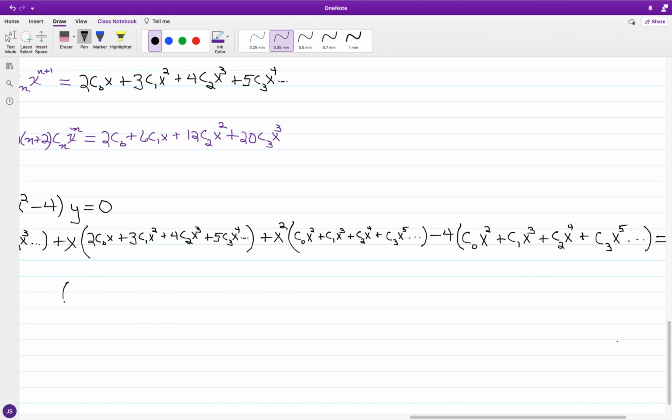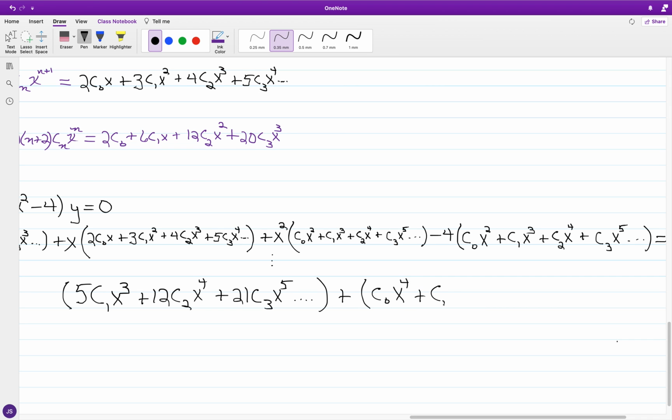First of all, if you combine like terms together, you have 5c of 1 x cubed plus 12c of 2 x to the 4th plus 21c of 3 x to the 5th, and I'm going to have plus c naught x to the 4th plus c of 1 x to the 5th plus c of 2 x to the 6th, and so on is equal to 0.